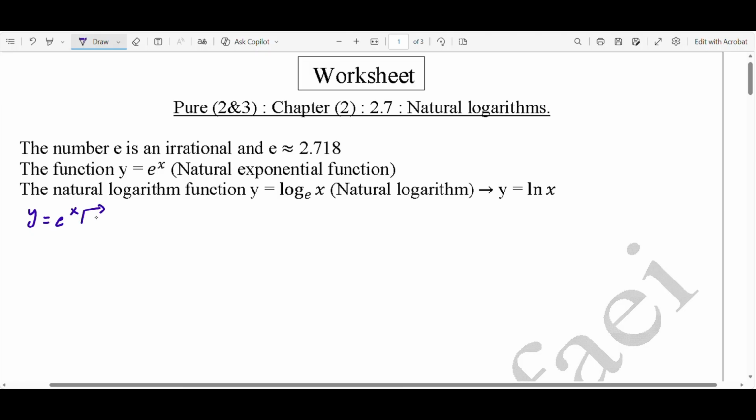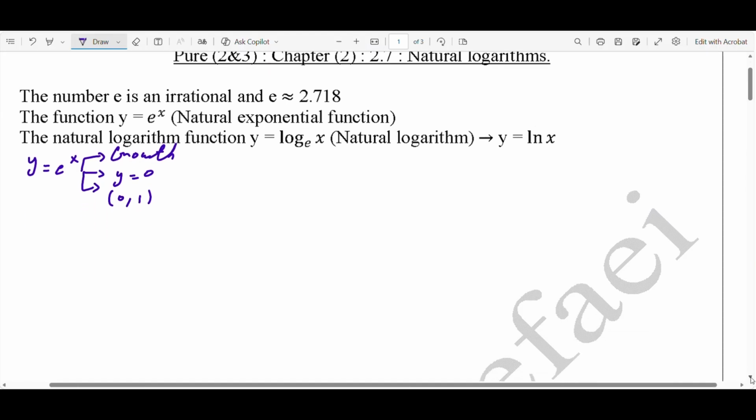When I sketch an exponential function, I care about three things. I have to know its growth or decay. Since e is greater than 1 and x is positive, I'm talking about growth. The asymptote line is y equals 0. The intersection point: when I substitute x with 0, y will be 1.